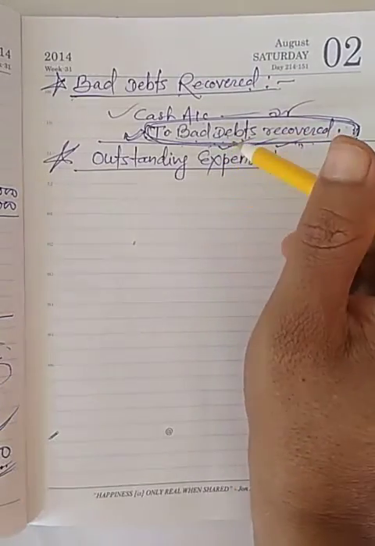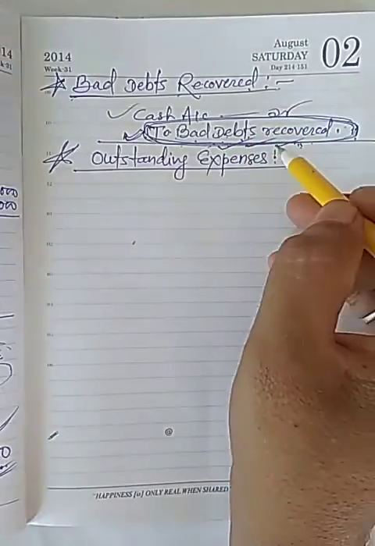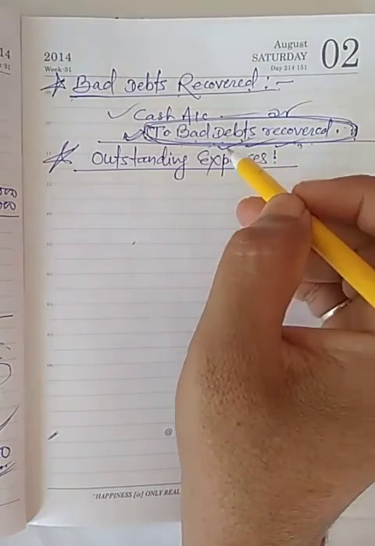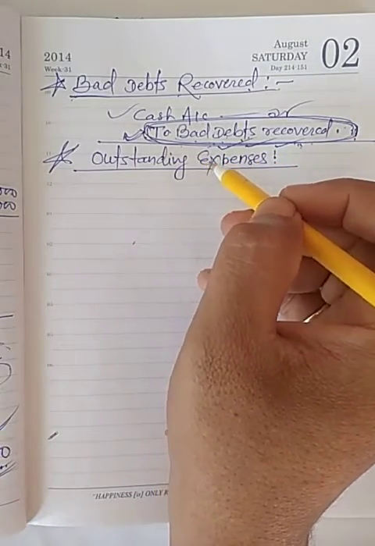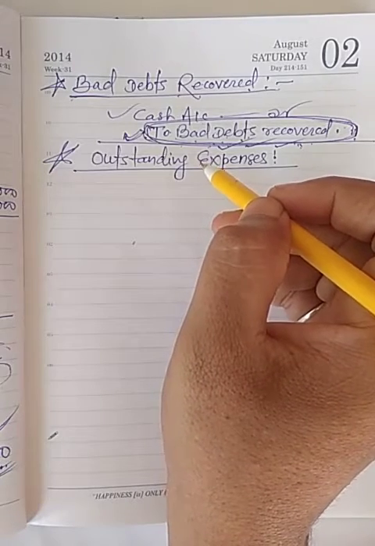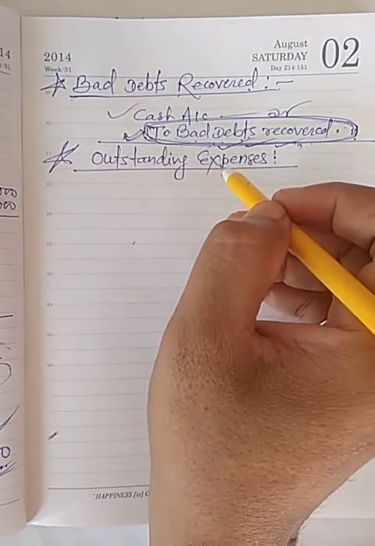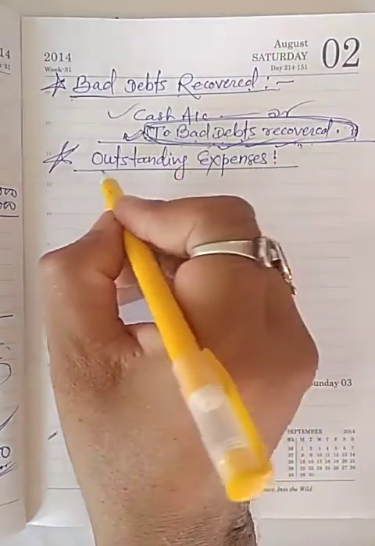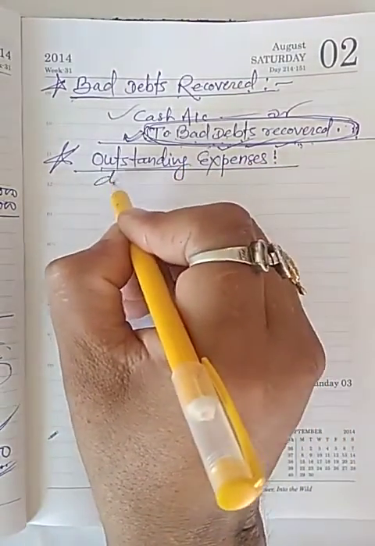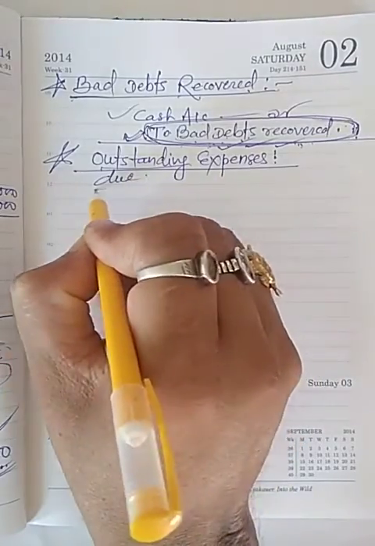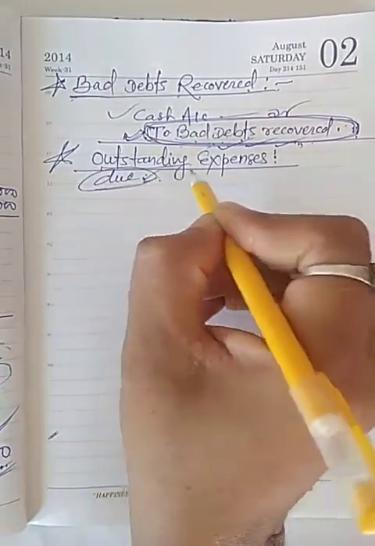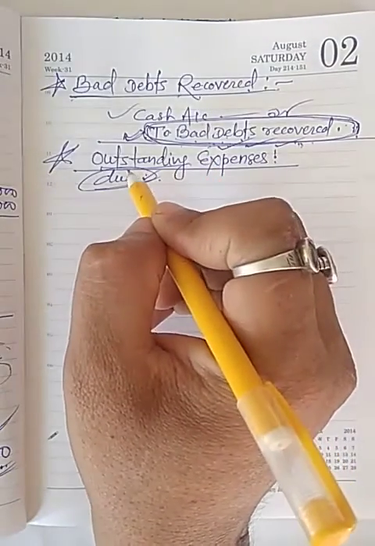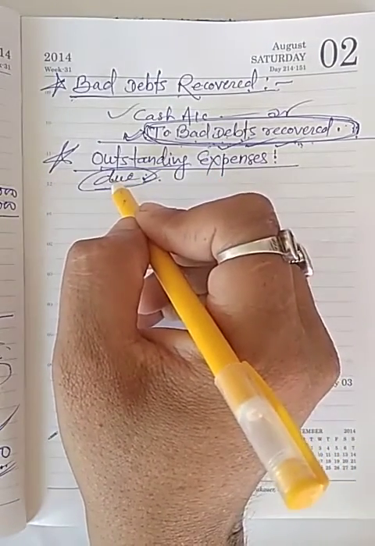It is quite common for a business enterprise to be left with some expenses which are yet to be paid at the end of the accounting year. Outstanding means due, which is due for payment. So this is called outstanding expenses.